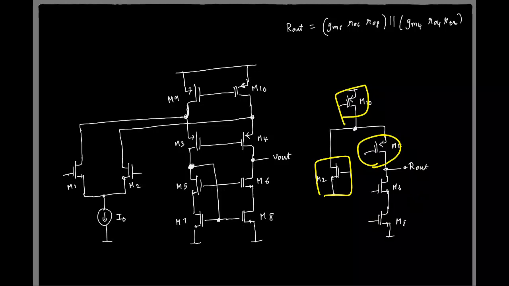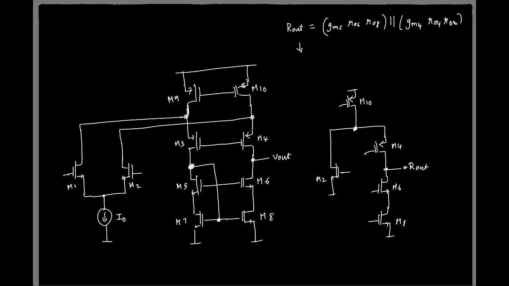So this basically changes to gm6 r06 r08 in parallel with gm4 r04 times the parallel combination of this.